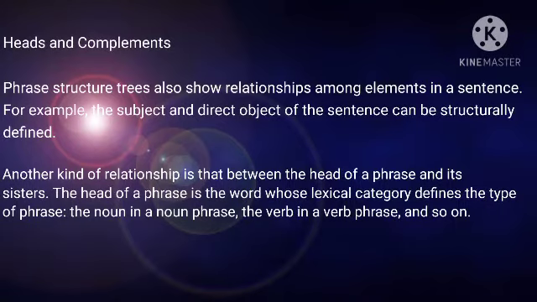The head of a phrase is the word whose lexical category defines the type of phrase, like the noun in a noun phrase, the verb in a verb phrase, and so on.